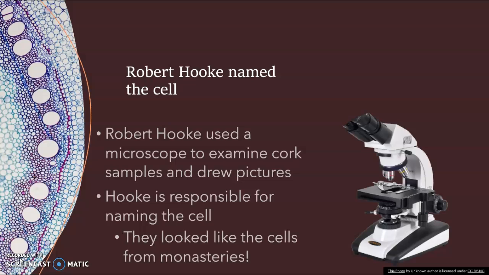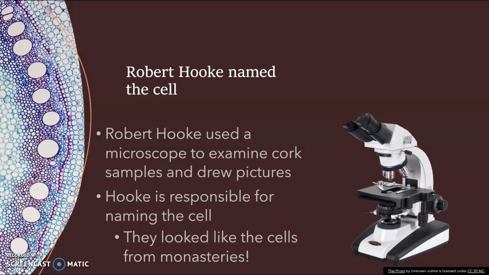So Robert Hooke, you'll be reading a little bit about him in your next activity. He is the person who ultimately named the cell. So he looked at a piece of cork underneath a microscope and drew pictures of what he saw. So when he was drawing them, they looked like a bunch of little squares right next to each other. I'll show you some samples in class at some point.